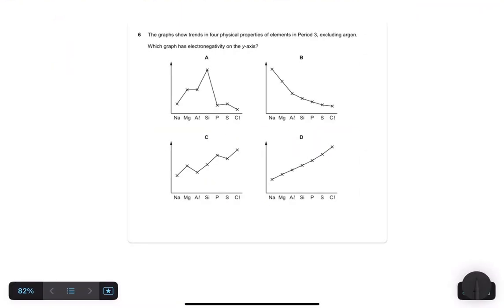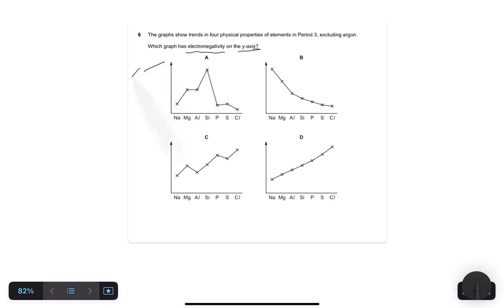Question 6. It shows the graphs of trends in 4 physical properties of elements in period 3, excluding argon. Which graph has electronegativity on the y-axis?